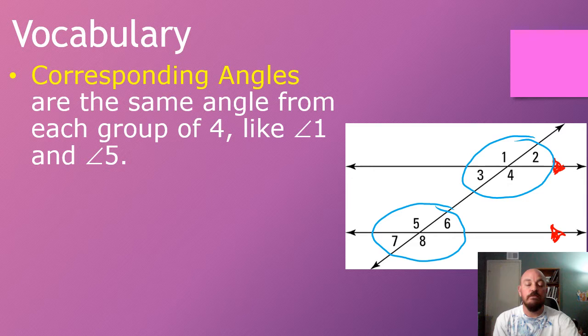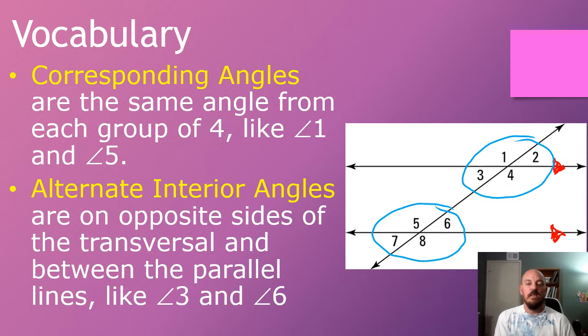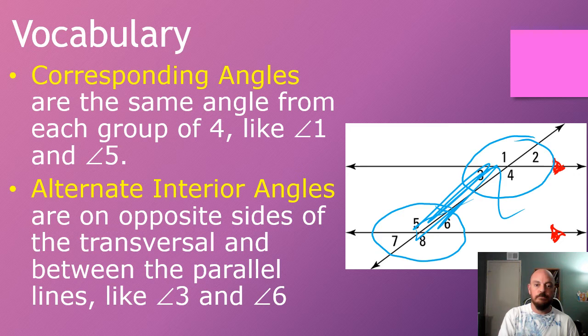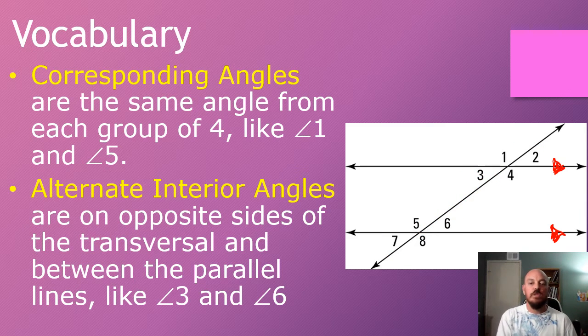Okay, now the rest of our vocab terms has to do with understanding certain words. So what we have right here is alternate interior angles. Now, alternate and interior, each word means one thing. So first of all, let's start with the second word, interior.